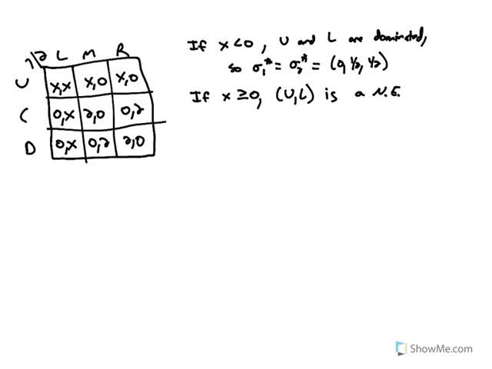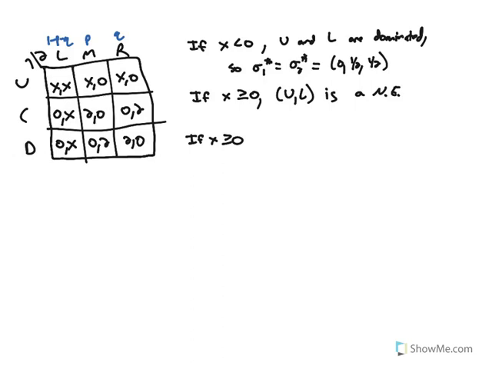All right, the next thing to see is that if x is greater than or equal to 0, and let's start thinking about mixed strategy Nash equilibria, I'm going to put p, q, and 1 minus p minus q. This time I'm going to put 1 minus p minus q on the first column.